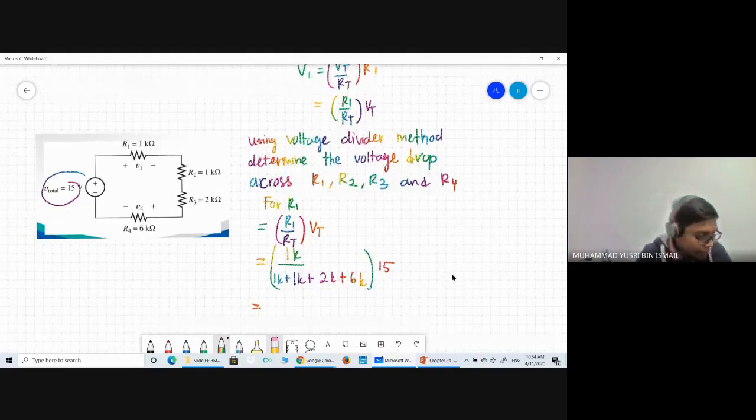Then how much do you get? So basically you get 1.5 volt. So now you know the voltage across V1 equal to 1.5 volt.